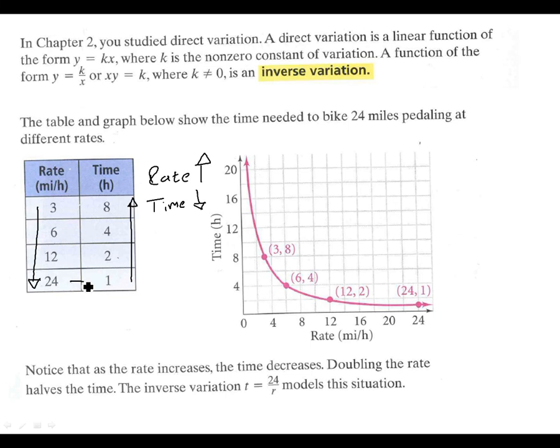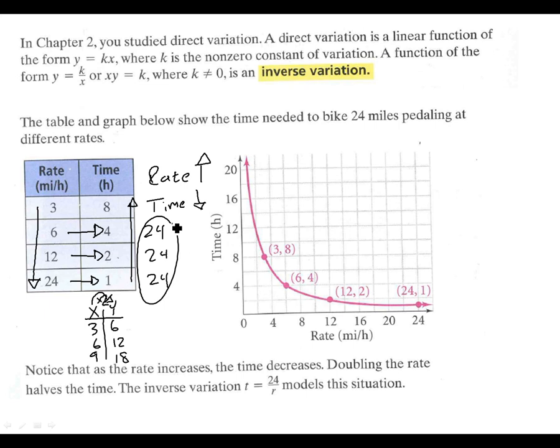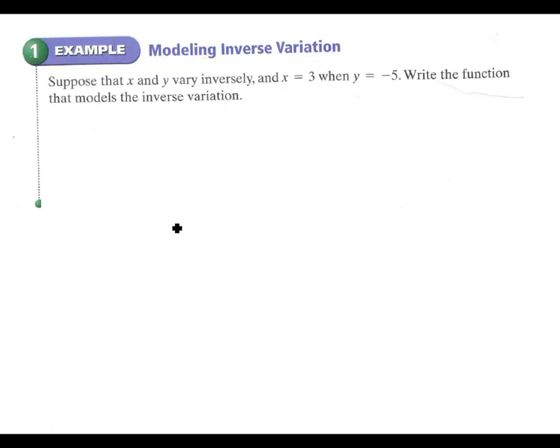And also, as we multiply across, we're going to get the same thing. Whereas direct variation, here's an example of direct variation, 3, 6, 9 turned into 6, 12, 18. For this one, the jump, we had to be multiplying by 2, was the same. Now if we multiply them, we'll always get the same number all the way down the column. All right, so that's how we can tell.